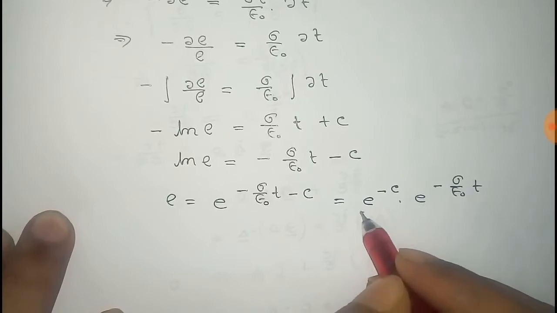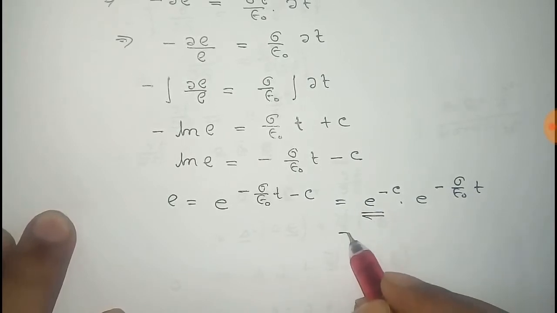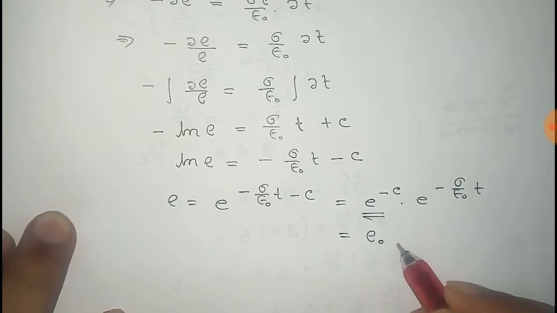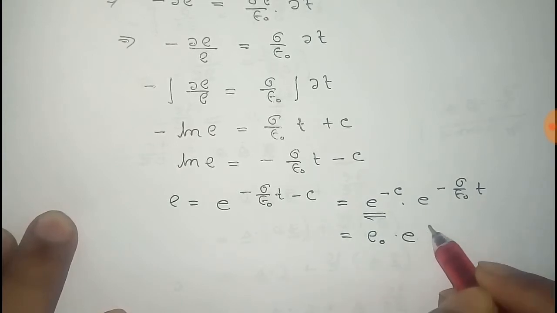We take this constant e to the power C as rho naught, that is the initial charge density, that is at t equal to 0.